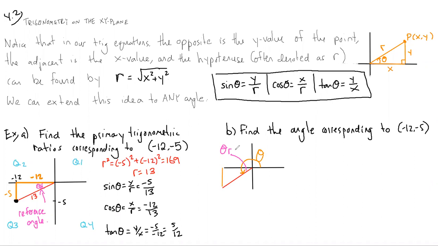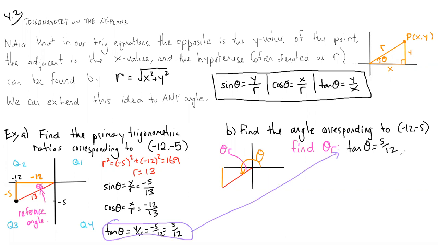And so this is how we put all this stuff together. It's a lot to take in, but what we can do is find that theta r, the reference angle, using one of these equations over here on the left. Again, I'll always pretty much choose tan to solve these. I know that tan theta is 5/12, so I'm going to use the inverse tan on this.